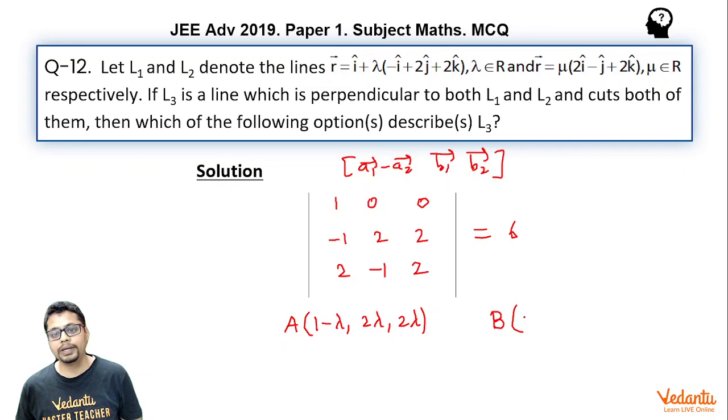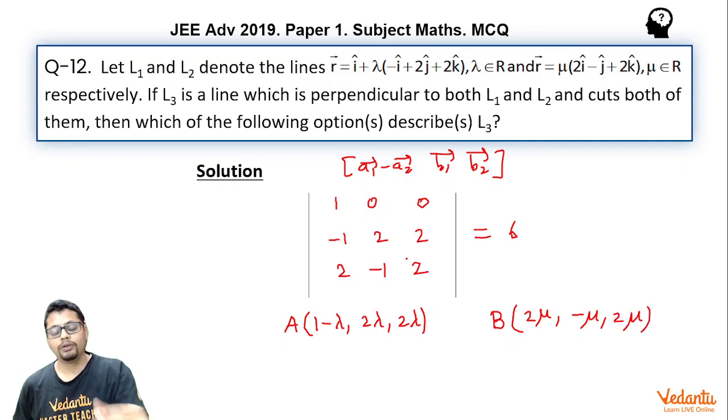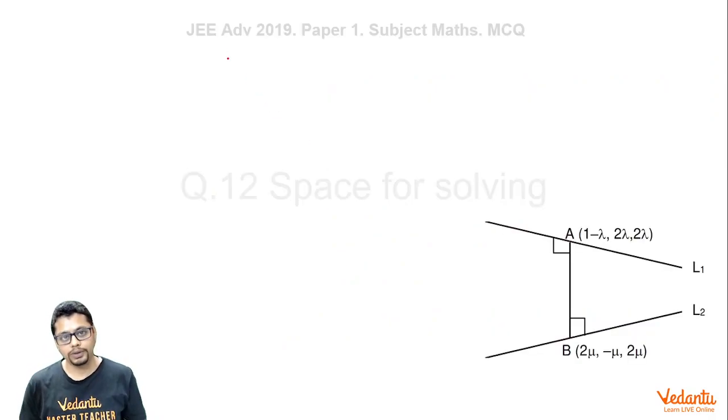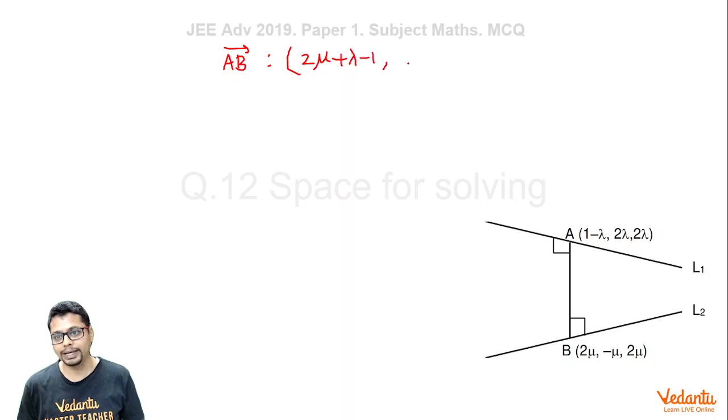And the coordinates of point B on L2, I may consider to be 2 mu, minus mu, 2 mu. From here on, there are different possible ways of solving. Let's discuss two such ways. In both ways, we will be considering vector AB, which would be 2 mu plus lambda minus 1 i cap, minus mu minus 2 lambda j cap, 2 mu minus 2 lambda k cap.